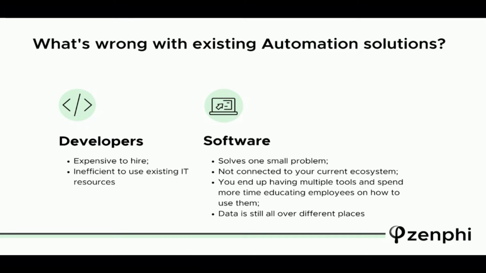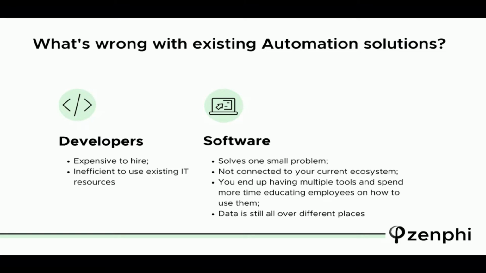So now, when we are ready to automate our document management, we need to find the right solution. Of course, you can hire developers, but as you know, they're super expensive. And if you have an IT team in the organization, it's inefficient to use the existing IT resources. If you've tried to find the right automation solution, you're probably familiar with some of the platforms out there.